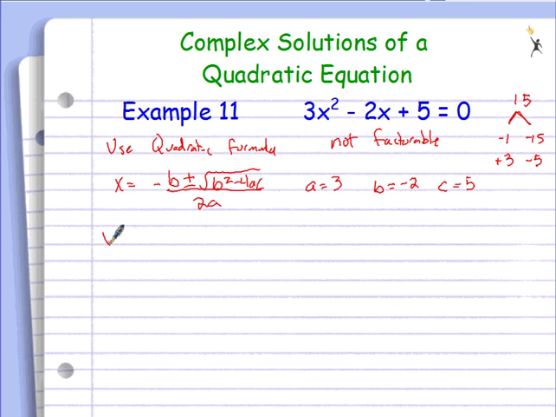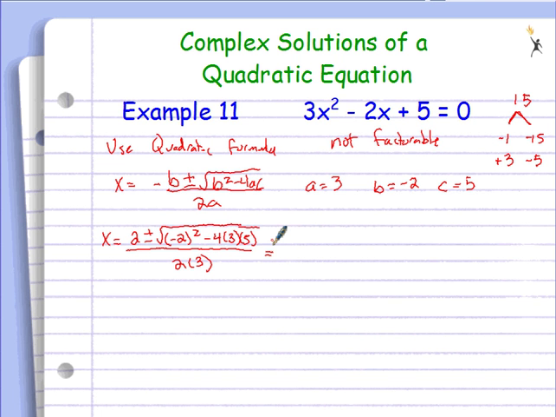Okay, so x equals a negative b. Well, I have a negative of a negative 2, which is going to change that to a positive 2, plus or minus the square root of negative 2 squared minus 4 times 3 times 5, all that over 2 times 3. Alright, well, we can do this like what we have before.